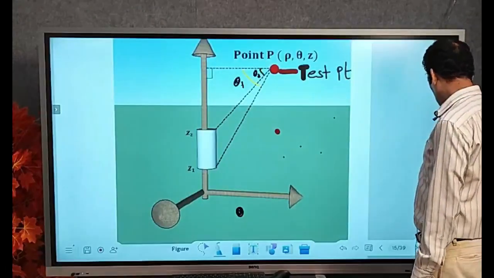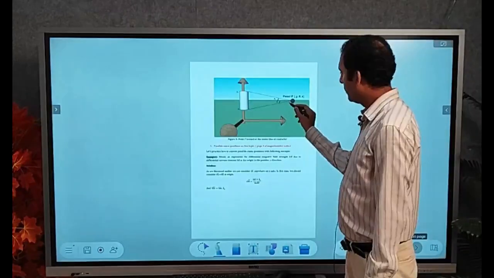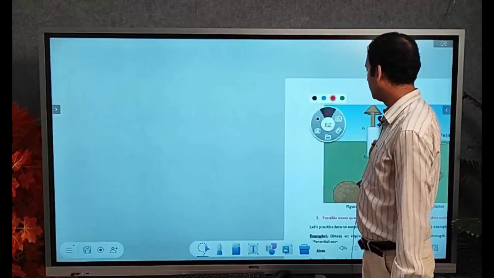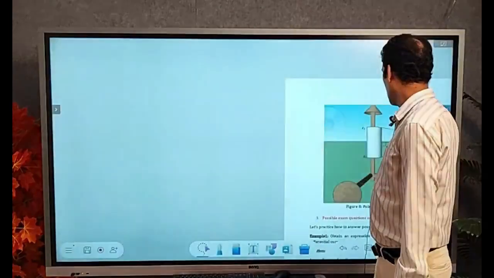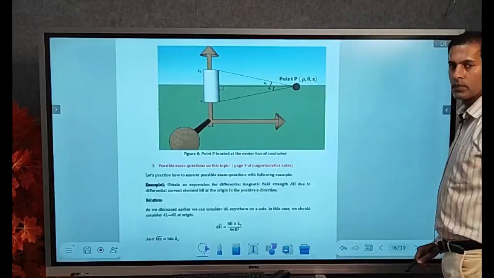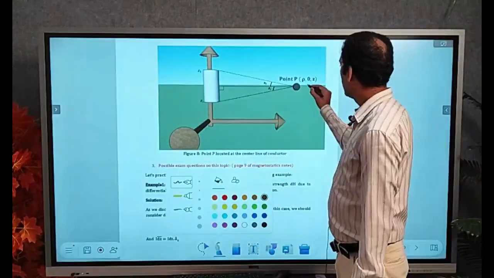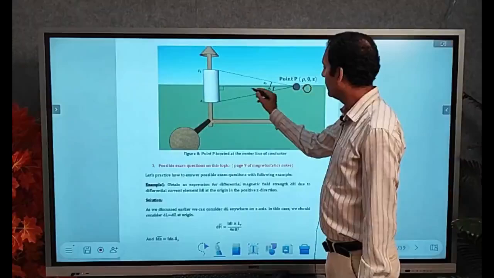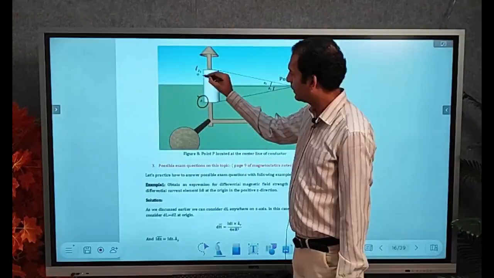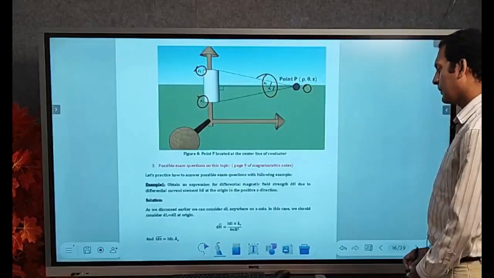For this case we can get a situation where the point P is present at the center of the conductor. So this is the test point here, right, and this is at the center of the conductor. According to that, we have to put the limits for theta 1 and theta 2, and accordingly we will get the answer.